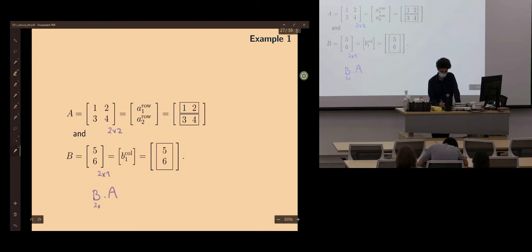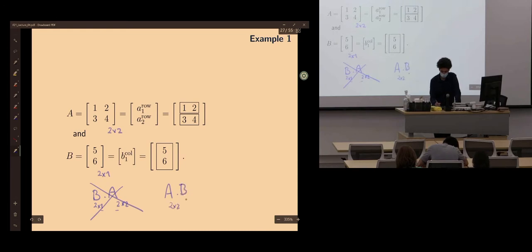Because B is 2 by 1 and A is 2 by 2, and we can only multiply if they have the same number of columns and rows, respectively. No? I can't do this because B doesn't have the same number of columns as the rows of A, but I can write A times B.